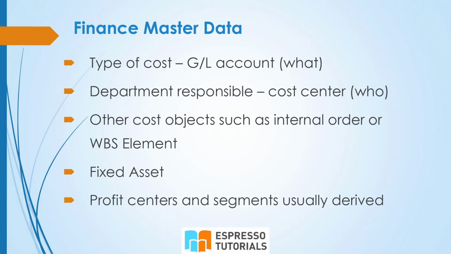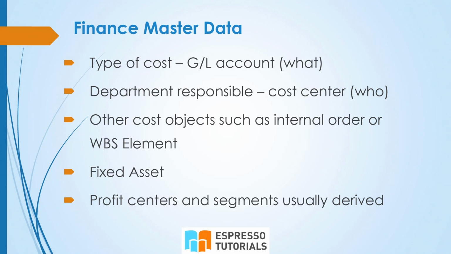If the costs are fairly simple, an organisation may set up an internal order to gather the costs either in parallel with the cost centre or prior to settling them to a cost centre. And if they're more complicated, a project may be set up which can be split up further into work breakdown structures, usually abbreviated to WBS elements, which can be set up in a hierarchical structure.